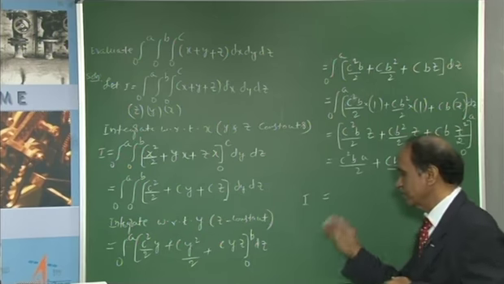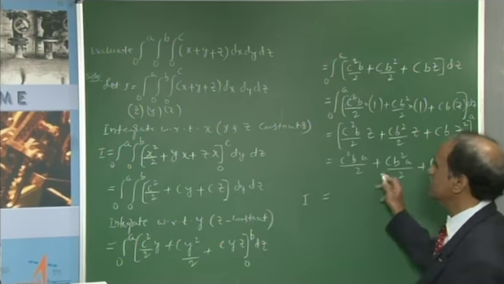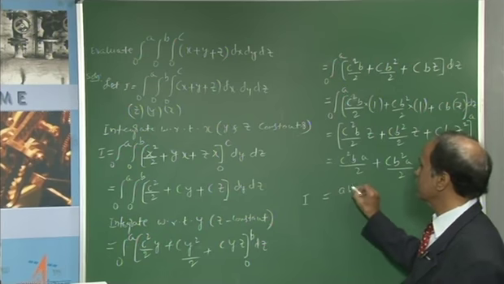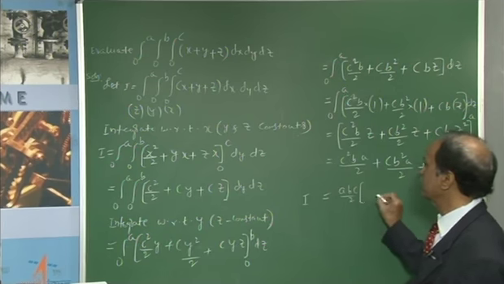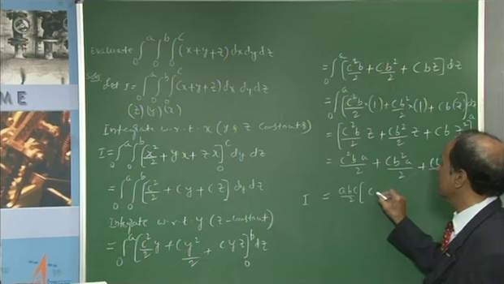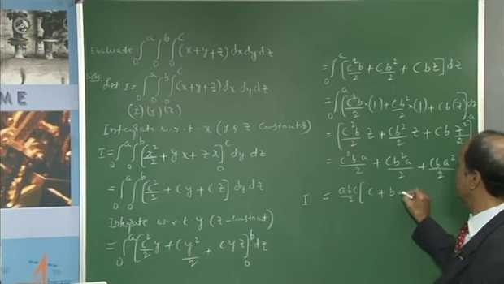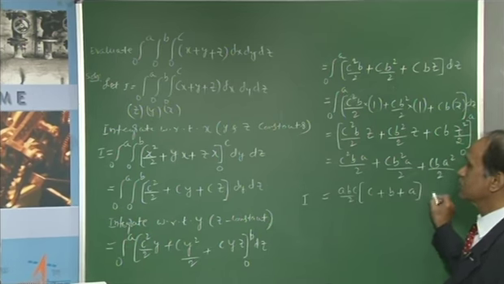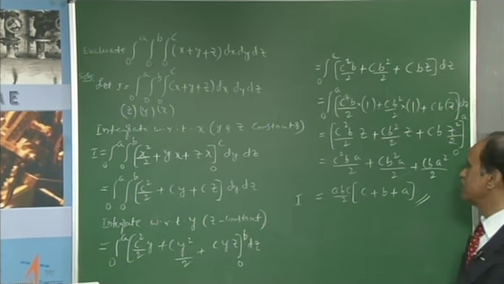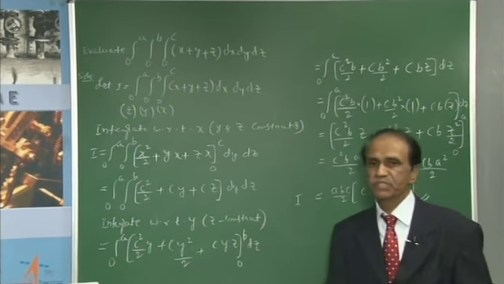But now mathematically we can go up to the last step here, that is abc by 2 you can take common, leaving c here, leaving b here and leaving a here. So your answer is abc by 2 multiplied by a plus b plus c.